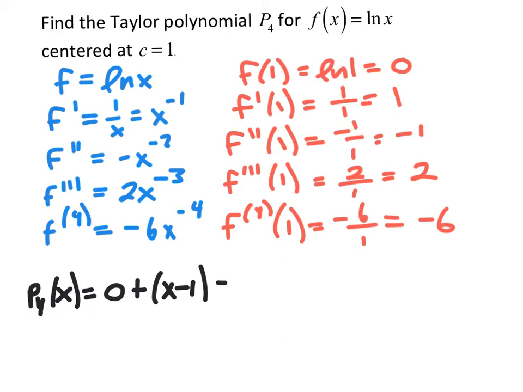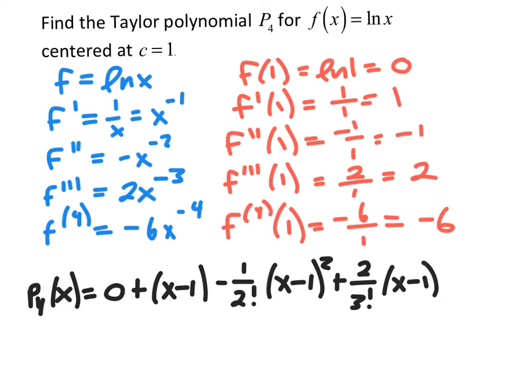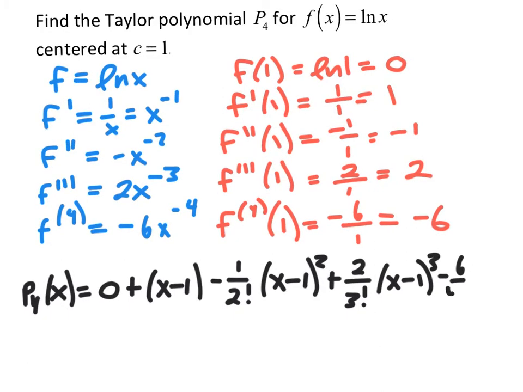And then it's negative 1 over 2 factorial times x minus 1 squared. Then I take the 3rd derivative coefficient, divide by 3 factorial, times x minus 1 cubed, and then minus the 4th derivative value, divided by 4 factorial, times x minus 1 to the 4th.